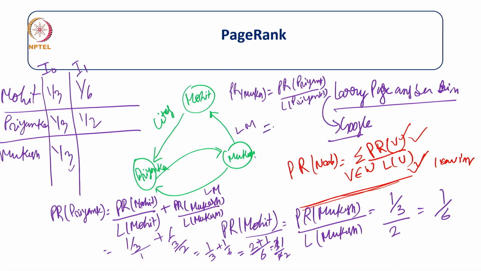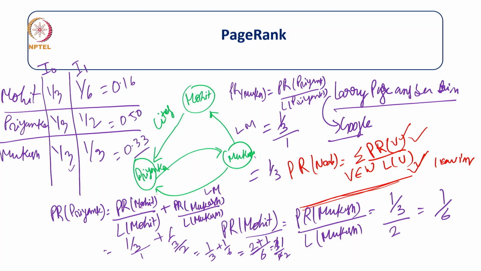Okay. So what exactly PR of Priyanka? 1 by 3 divided by, then leaving nodes to Priyanka only 1. So it will be 1 by 3. So this equal to 0.16, this equal to 0.50 and this equal to 0.33.